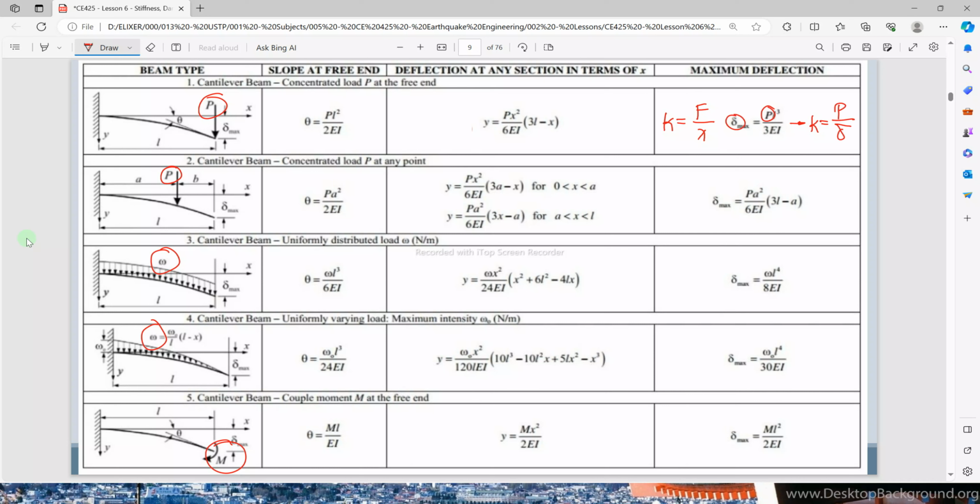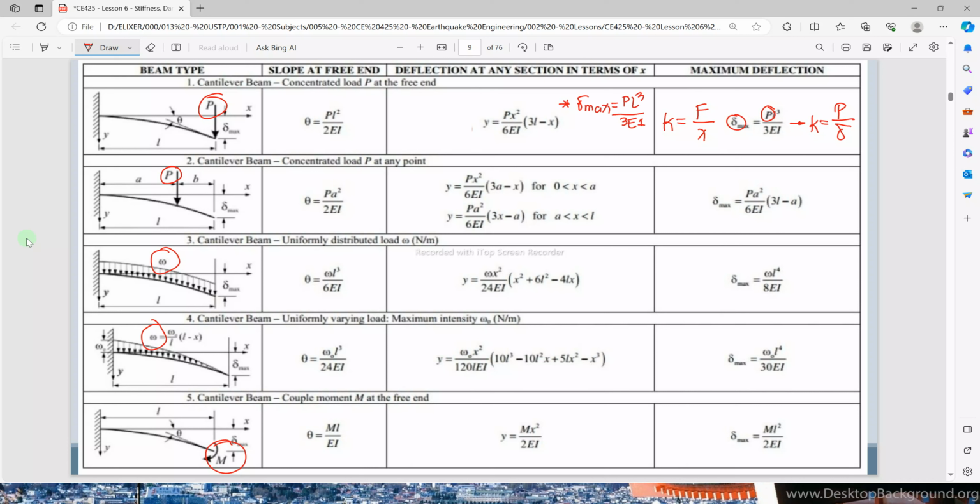So, actually, if you try to familiarize this one, for example, for this cantilever, yung delta max or deflection max is equal to P L cube over 3EI.